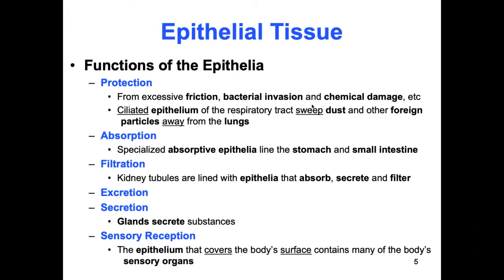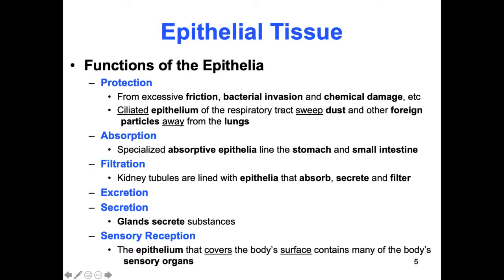I will show you an image in a pretty short time frame, within the respiratory tract, especially in the trachea, where we have a type of epithelium called pseudostratified ciliated columnar epithelium. Well, that was a mouthful, wasn't it? I'll say that again. Pseudostratified ciliated columnar epithelium. There are a lot of descriptive words there, and after I go through a lot of those terms, it won't sound so foreign to you. You'll feel comfortable with it.